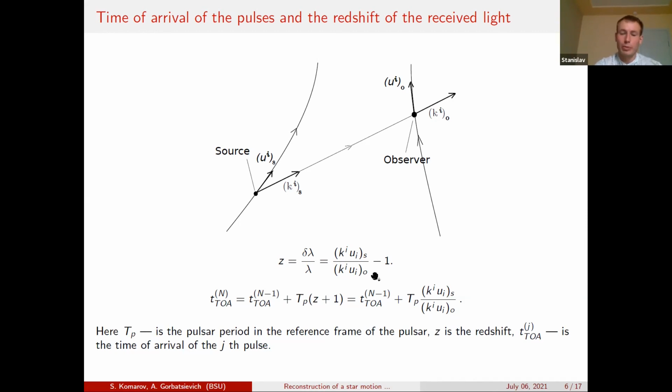But we will solve our problem only for the function z. And the generalization of the method can give us the possibility to solve the analogous problem also for the times of pulses of the pulsar.